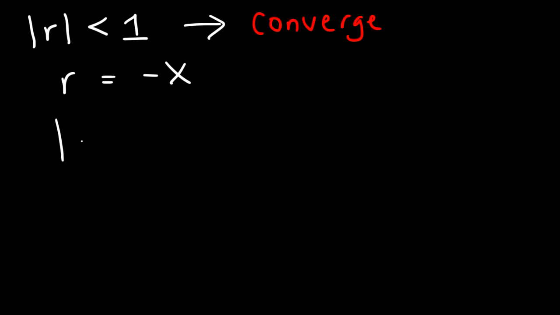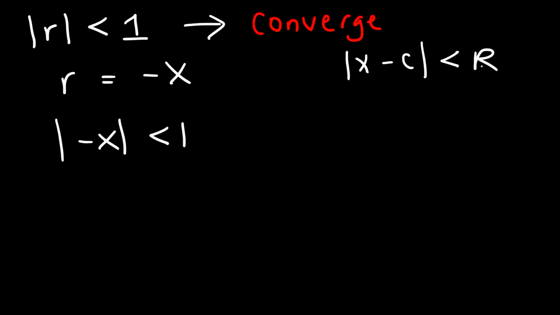So therefore, the absolute value of negative x has to be less than 1. Now once you have it in this form, the absolute value of x minus c is less than r. In this case, c is 0. But r is going to be this number if there's no coefficients in front of the absolute value symbol. So therefore, r is the radius of convergence, and in this example, it's equal to 1.